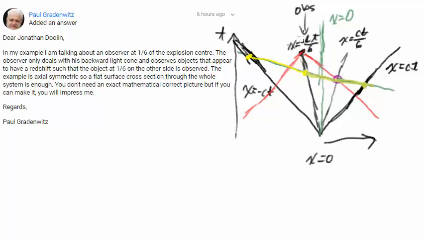So in this diagram, it's orthogonally, what's it called? It's orthogonally perpendicular.